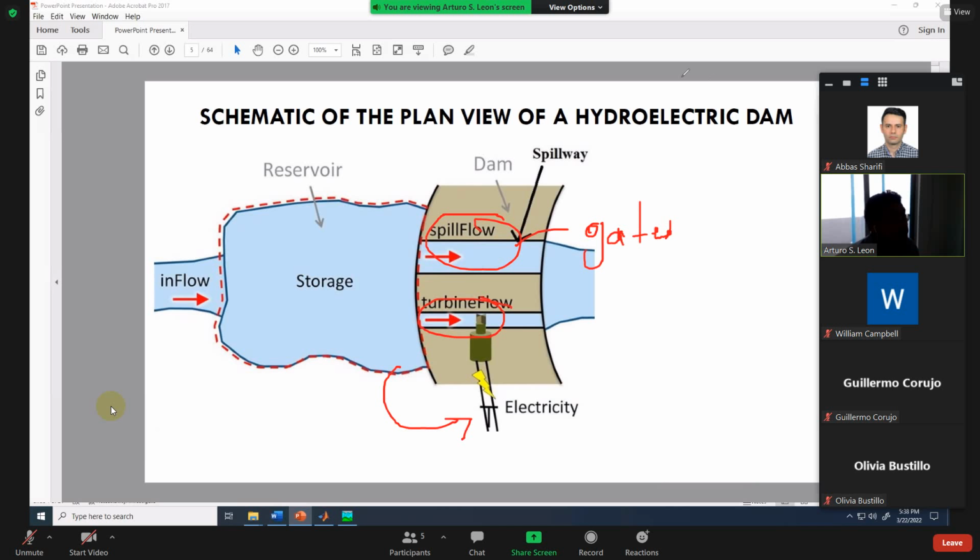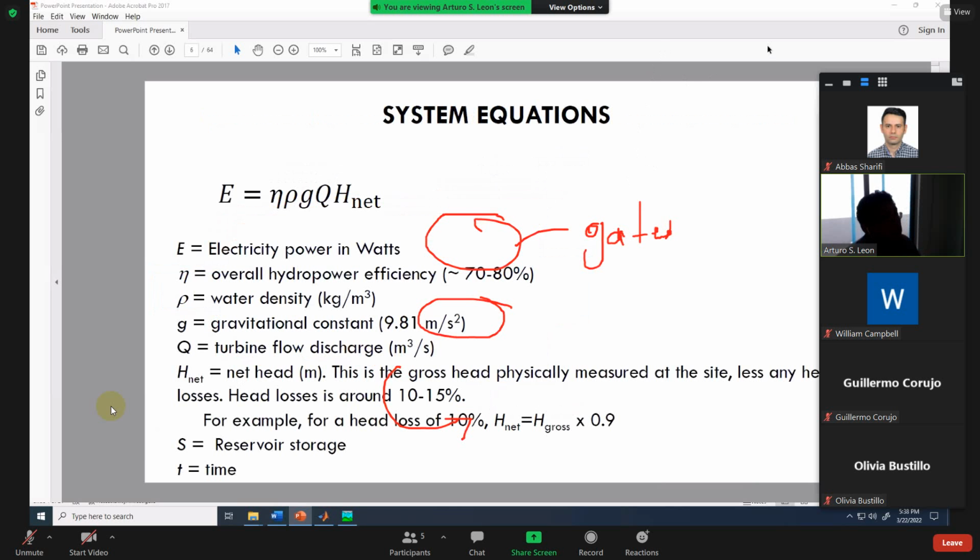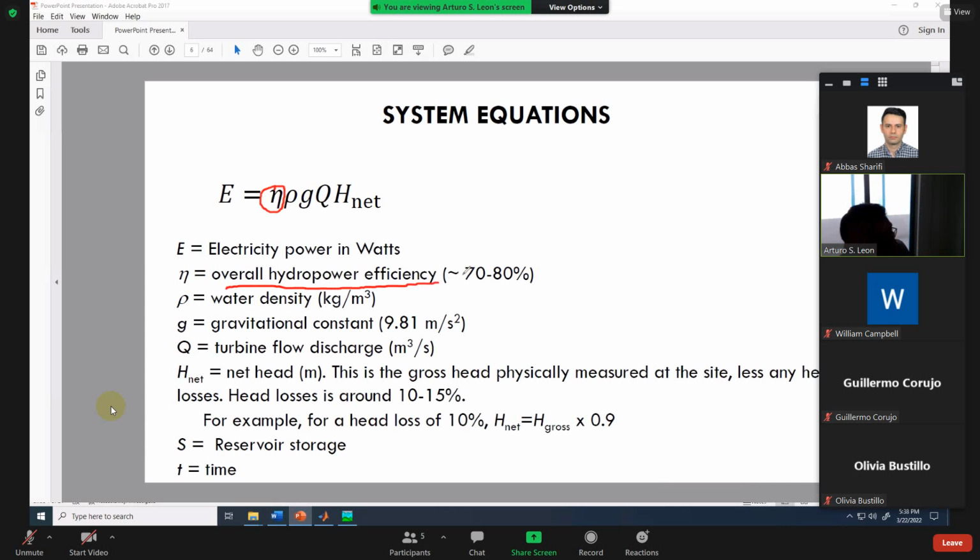Okay, guys, so the equation for producing hydropower is given by eta. It's called the efficiency of the hydropower. And the efficiency, guys, is typically 70 to 80%.